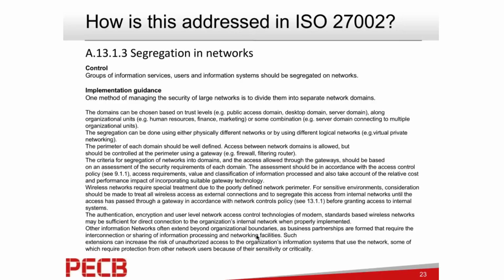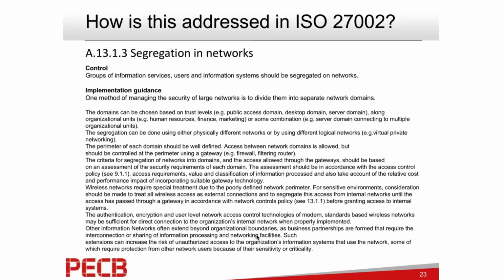Simply deal with the wireless network in the same way you deal with the internet, for example. You must have the wireless network segregated, separated, and connected to your network maybe by a firewall or a router.